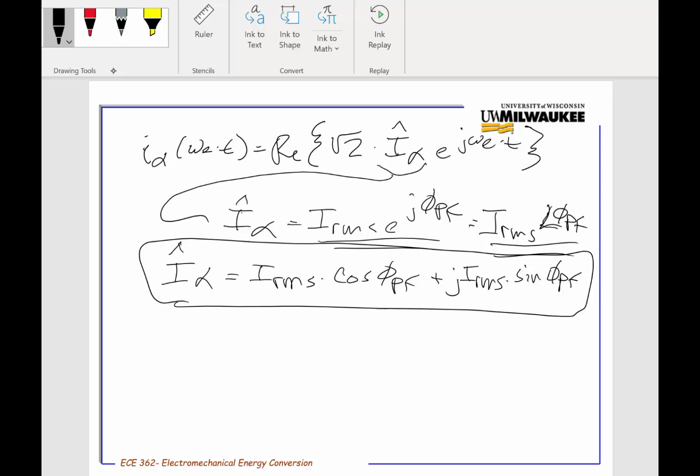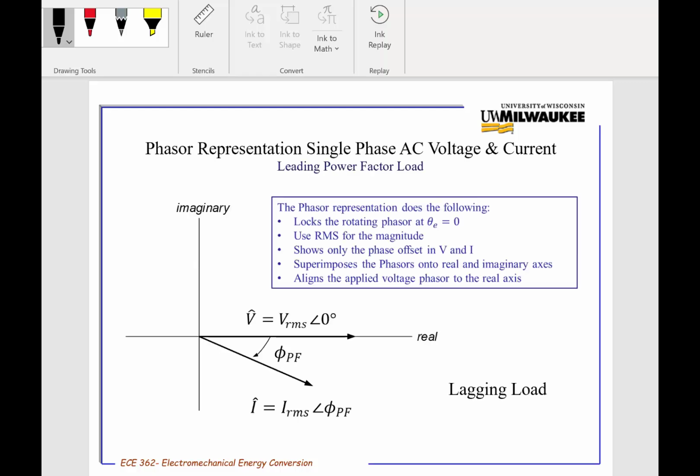So we know that we have a real and an imaginary component for the phasor. That leads us to this type of representation of the two phasors that we were talking about.